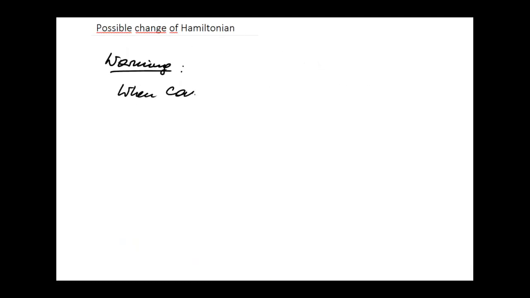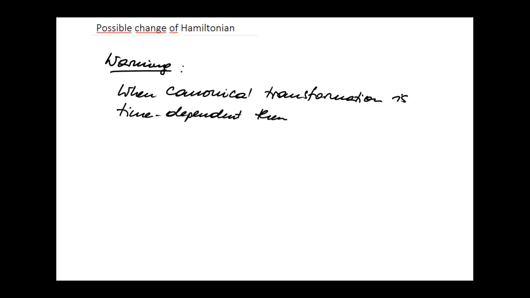When the canonical transformation is time dependent, then we will show later that you still have the same structure of the equation of motion. So still it is true that the change of the coordinates is this matrix A applied to the gradient, but now in general of some different Hamiltonian H prime.